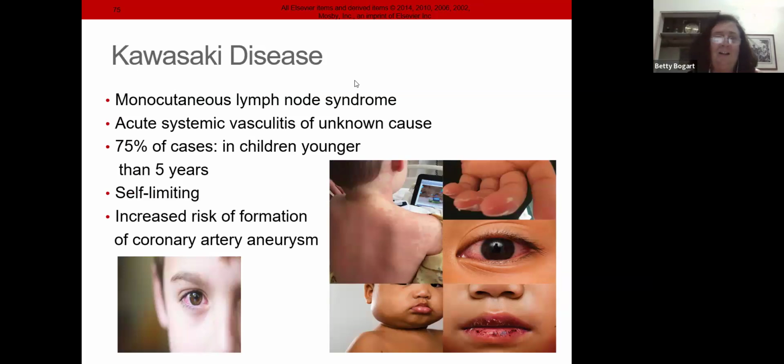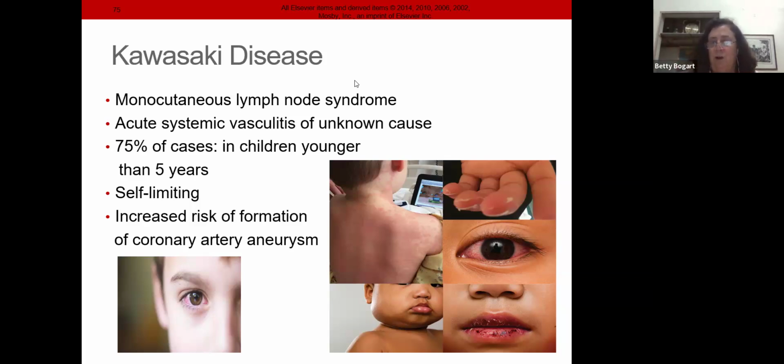Kawasaki disease. We say it's a cardiac problem because it is a systemic vasculitis, where all the vessels get inflamed and, like little microemboli, go around. But the coronary arteries, which are vessels, right, can get an outpouching, an aneurysm, and could burst. So that's our biggest concern with it.